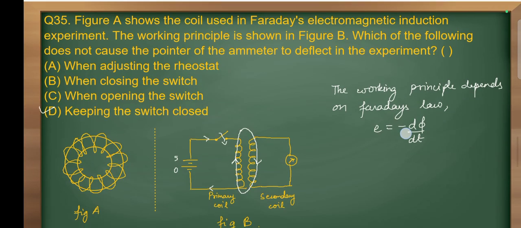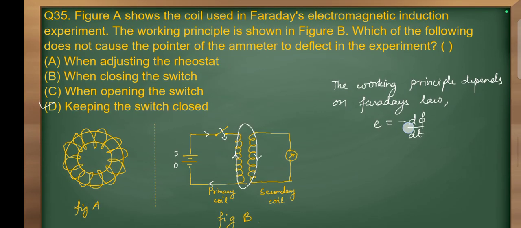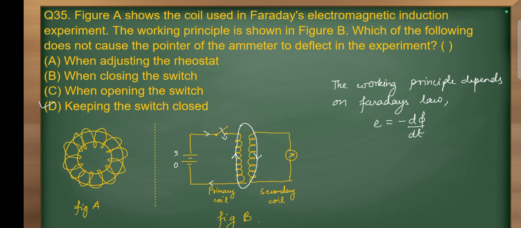Question number 35. Figure A shows the coil used in Faraday's electromagnetic induction experiment. The working principle is shown in the figure. Which of the following does not cause the pointer of the ammeter to deflect in the experiment? Here two figures are given. Figure A, in which a circular coil is given, and figure B, in which two coils are given, primary coil and secondary coil.